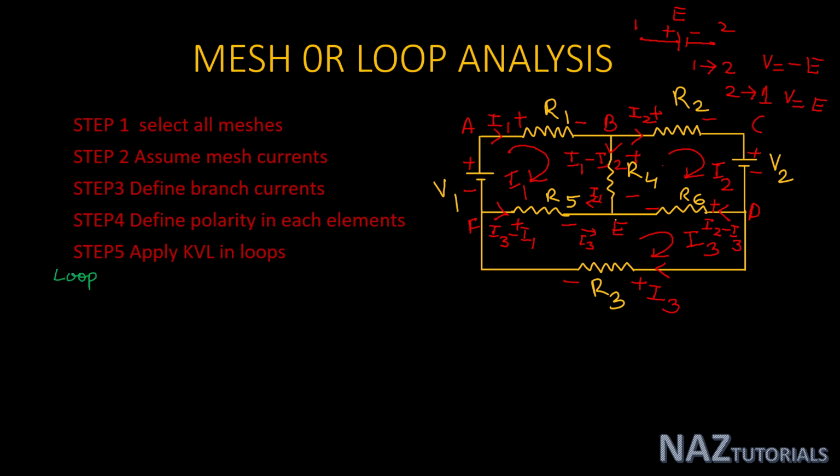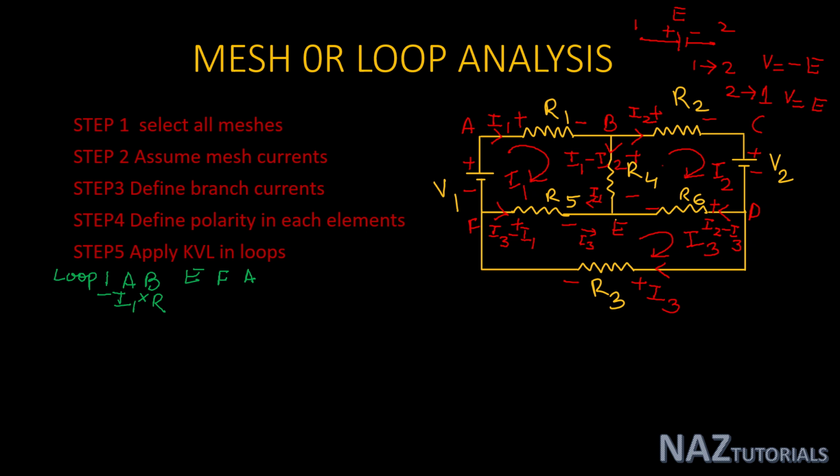First apply it to loop 1, that is A, B, E, F, A. That is the first loop, and for the KVL we select the path A to B. Now there is a fall in voltage, that means minus I1 into R1.